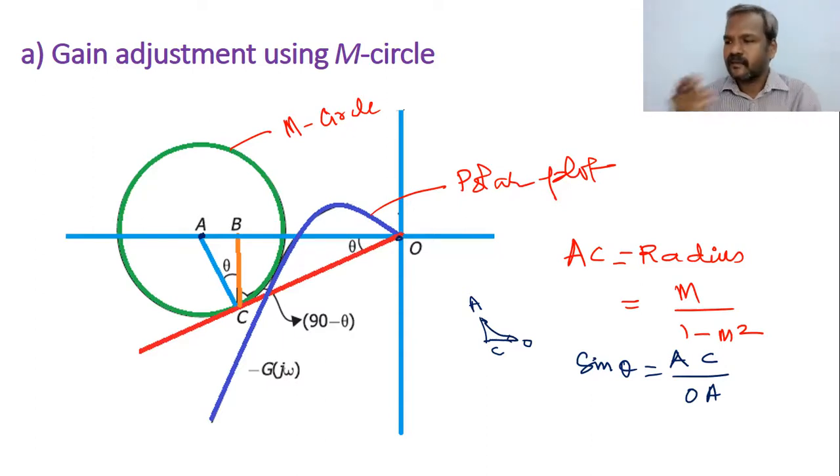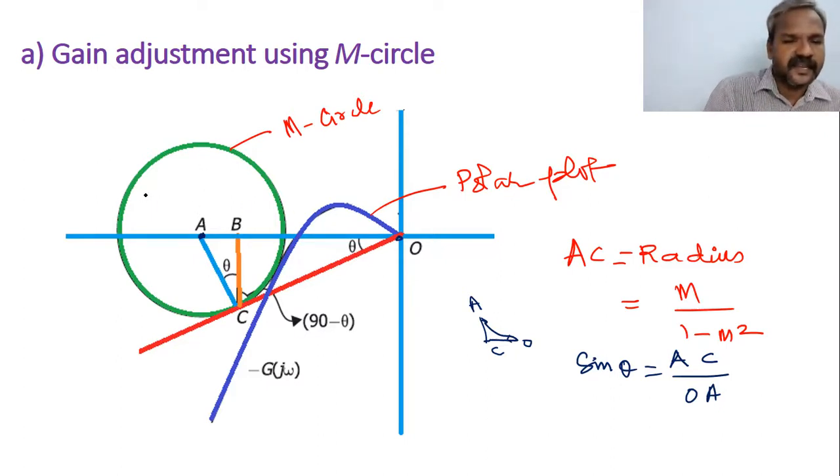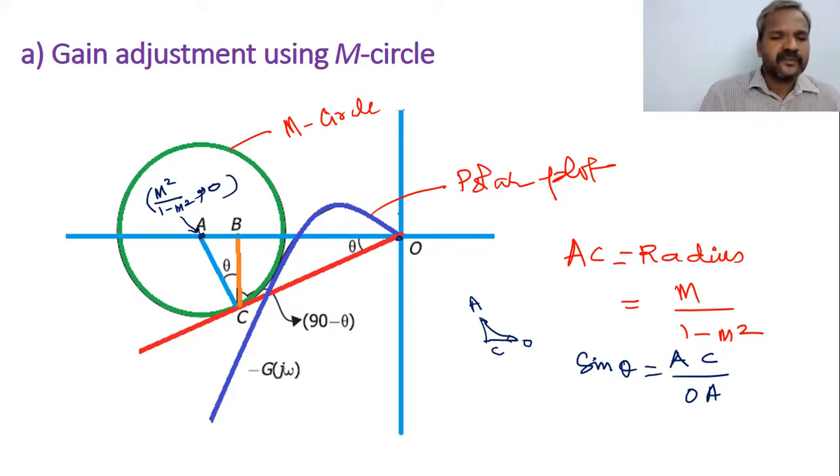The center of the circle in the negative region is M square by 1 minus M square, comma 0. So the x coordinate value is M square divided by 1 minus M square. Y is 0, because it is lying on the negative real axis. These are all the parameters.